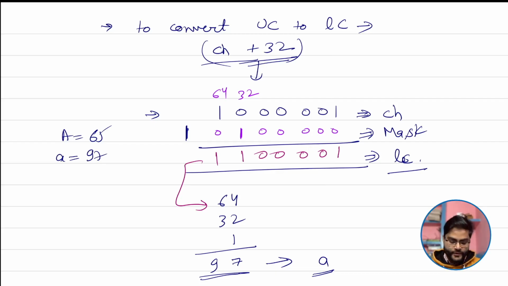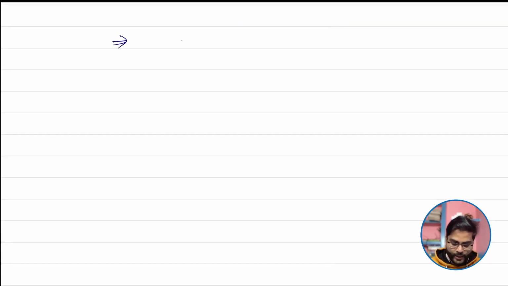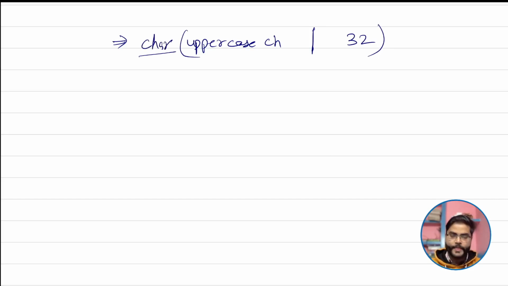Got it? So what we can simply do is a bitwise OR of the uppercase character with 32, and we just need to cast it to char.